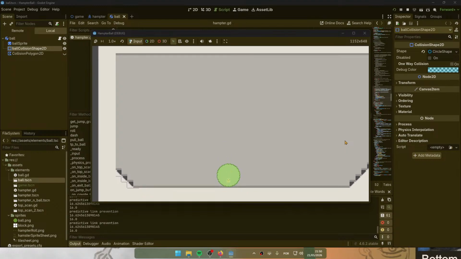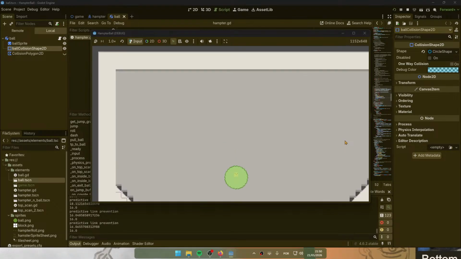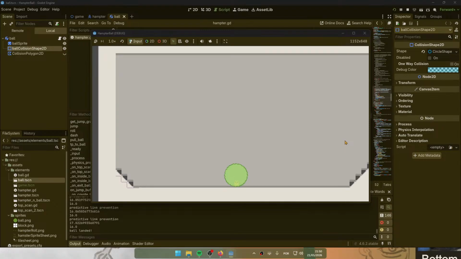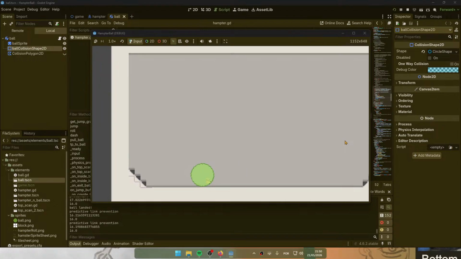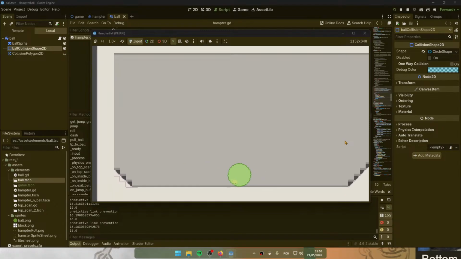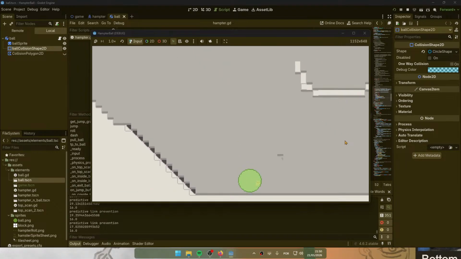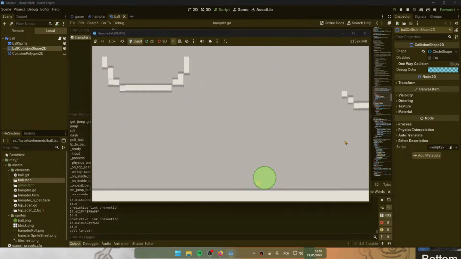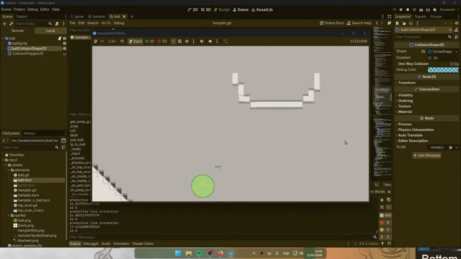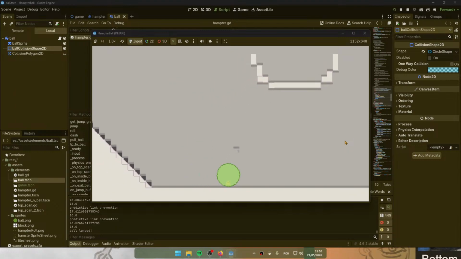Whoa. That's weird. Okay, the above one is the prediction, right? That's so weird.